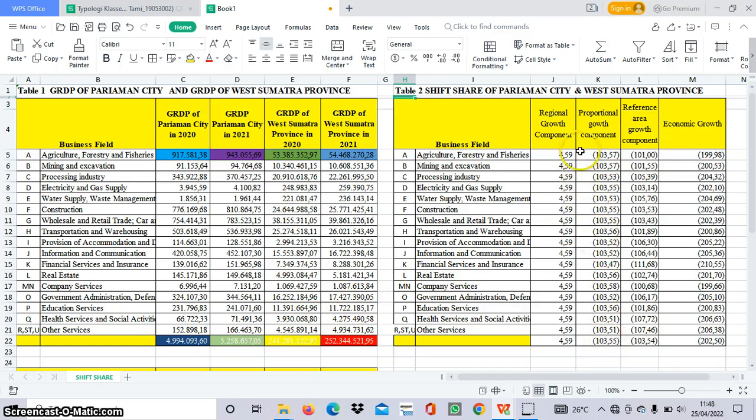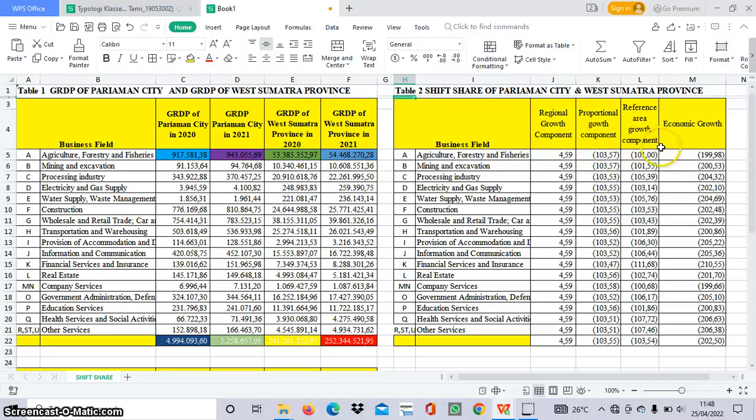And if the result is minus, it means the growth of the region does not grow.